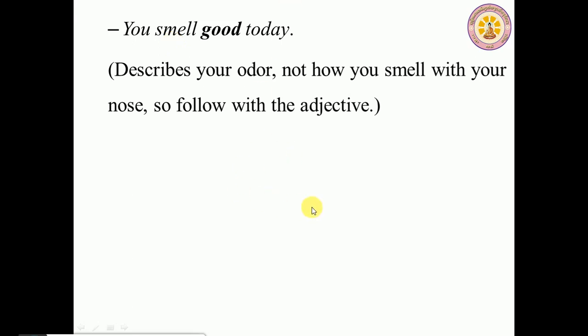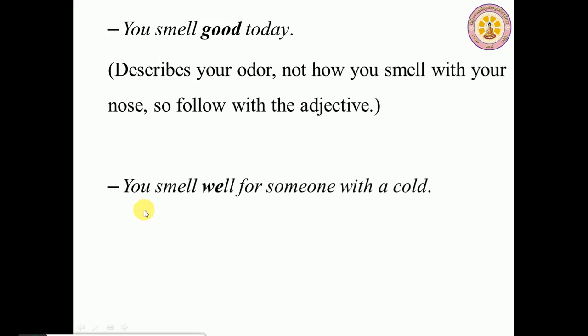But to describe how you smell with your nose, we have to use an adverb. You smell well for someone with a cold.